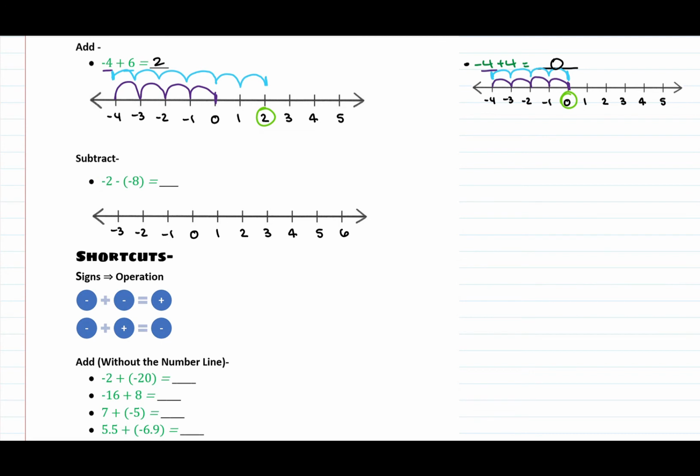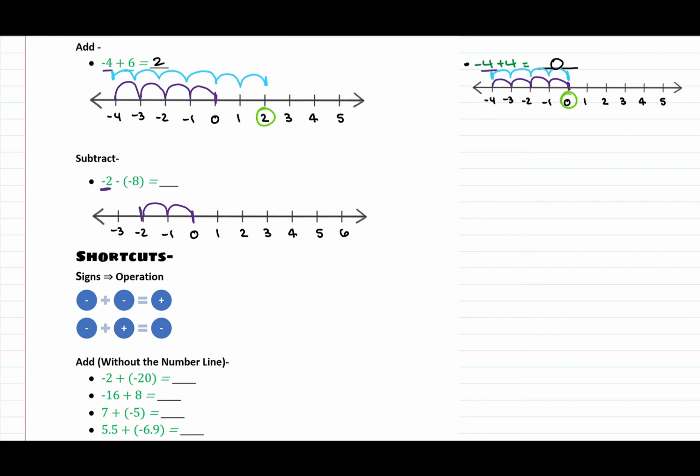We are again going to do this pretty much similarly to addition, okay? So negative 2 is going to be purple. So let's start off at 0. From 0, we're going to move to the left 2 places. 1, 2. Okay?